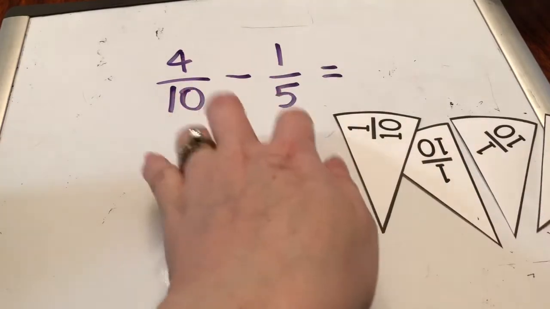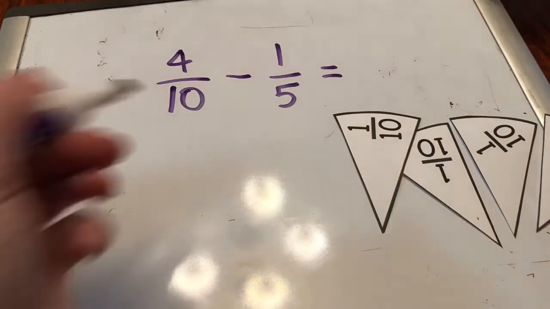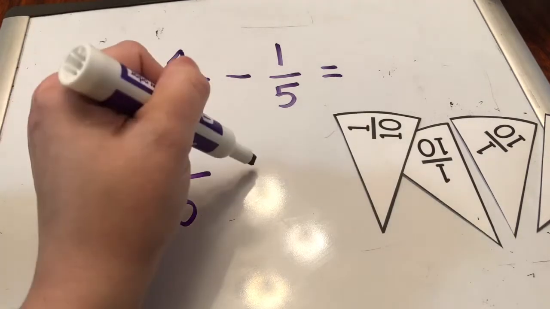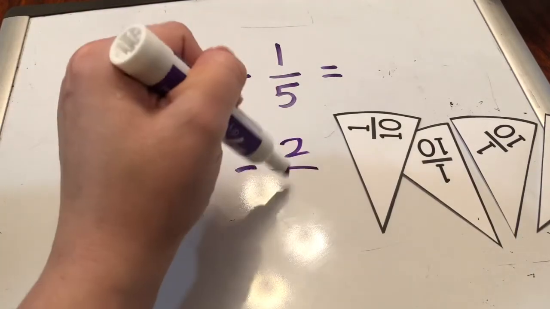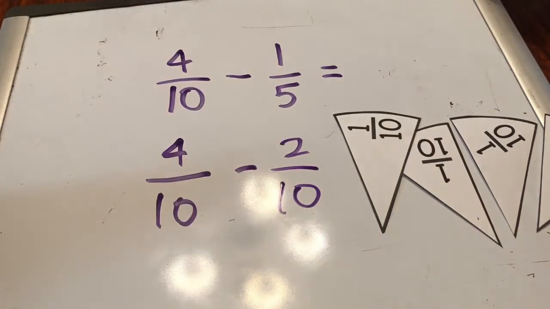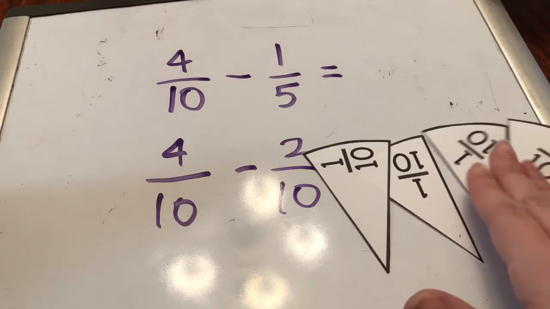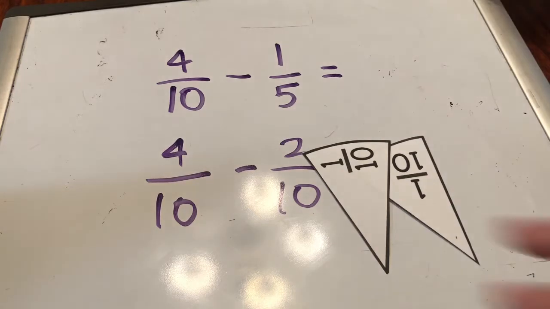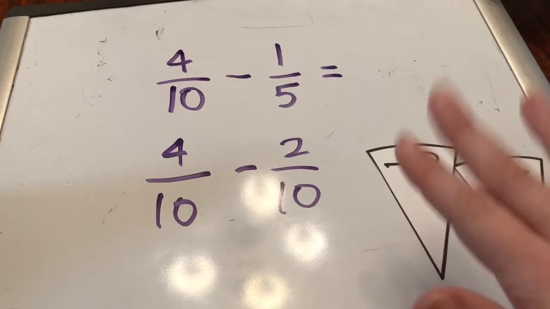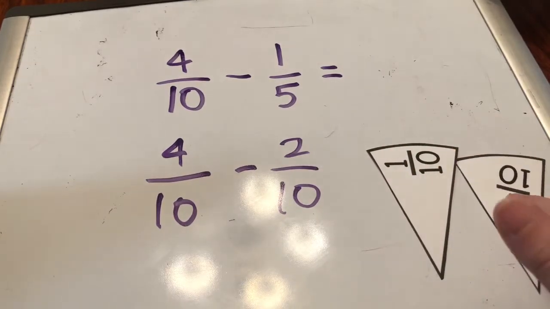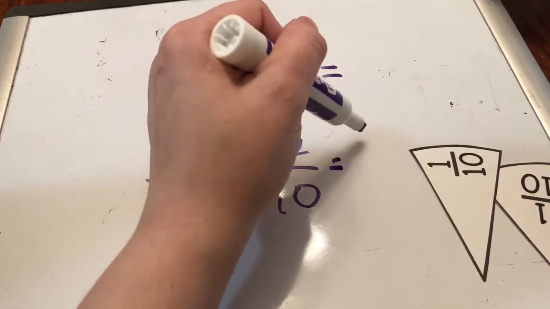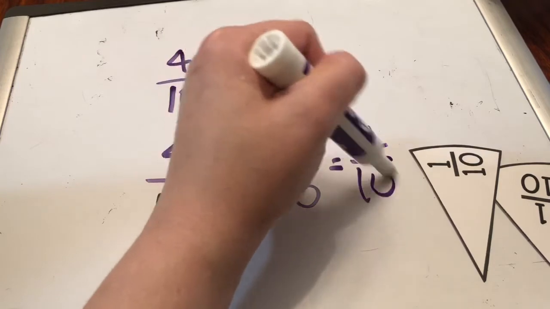Before I do that, I'm going to rewrite my problem. So this is still 4/10, and we're taking away 2/10. So 4/10 take away 2/10 leaves us with 1/10, 2/10. 4/10 take away 2/10 is 2/10.